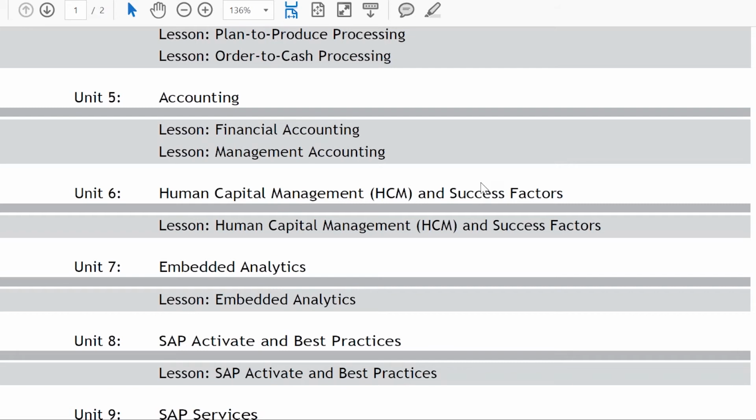We are going to deal purely with SuccessFactors HCM because our focus is on the cloud part. We are not going to focus on the on-premise part because we will be having our on-premise system called ERP, and at the same time, a cloud model called SuccessFactors.